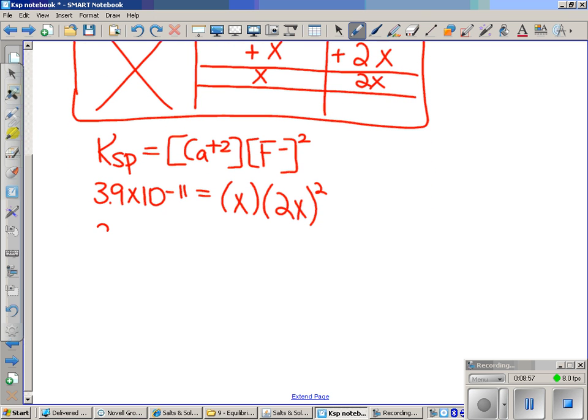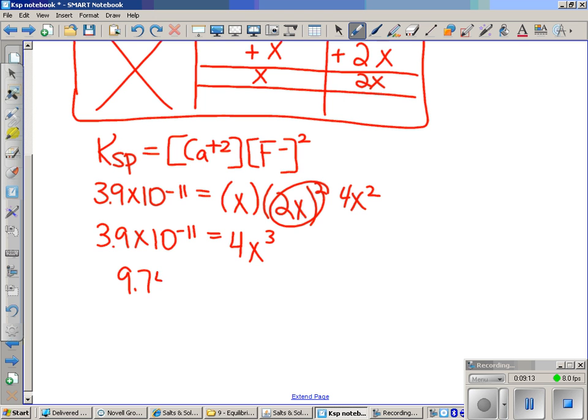Then we're going to solve this. 2x squared, this whole part right here, is the same thing as saying 4x squared. Don't forget to square the number and the x. So you get 4x cubed. Then I'm going to divide over the 4, and we get 9.75 times 10 to the negative 12 equals x cubed.